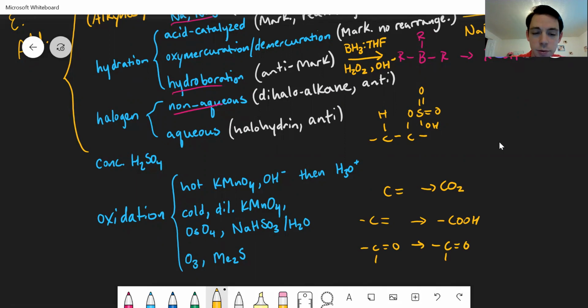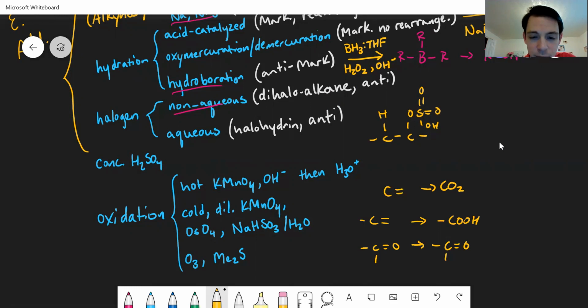So this is mostly used as a method for figuring out where the double bond is by looking at the products. Okay, if we use cold dilute KMnO4, this reaction happens to a lesser degree of oxidation, and rather than getting CO double bonds forming, we just make 1,2 diols in place of the double bond.